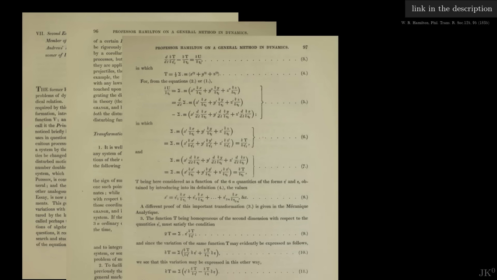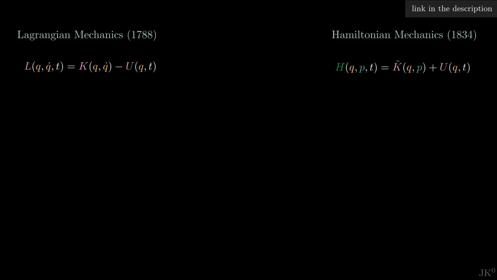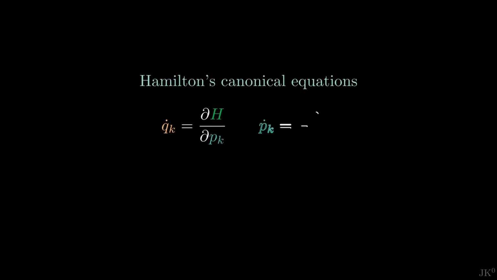In a previous video, I presented the original work of Hamilton, which refined the Lagrangian formulation of classical mechanics by treating generalized coordinates and their corresponding canonical momenta as independent variables. I showed how the single second-order Euler-Lagrange equation gets replaced by the two first-order Hamilton equations, which exhibit two noticeable features.